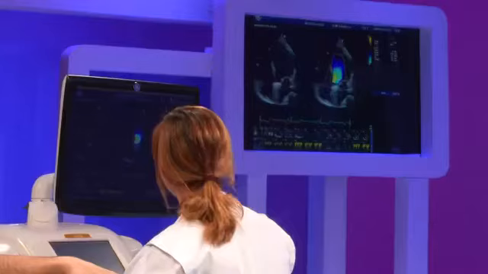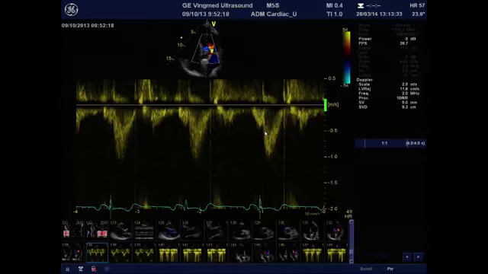After this, you're going to use the pulsed wave Doppler to measure the stroke volume and the LVOT velocity time integral because you will need it to calculate the effective area surface with the continuity equation. So it is really important to put the sample just 1 centimeter above the prosthesis.